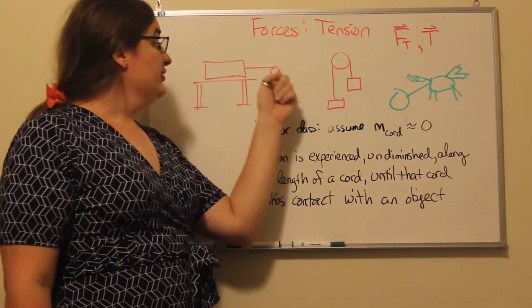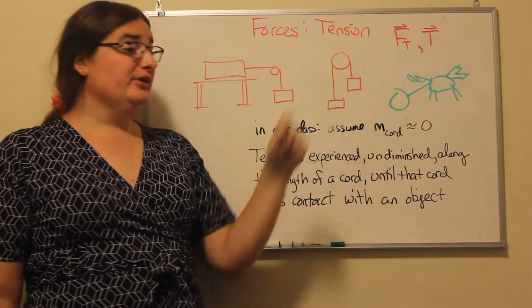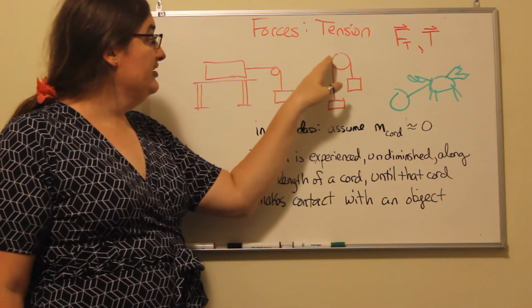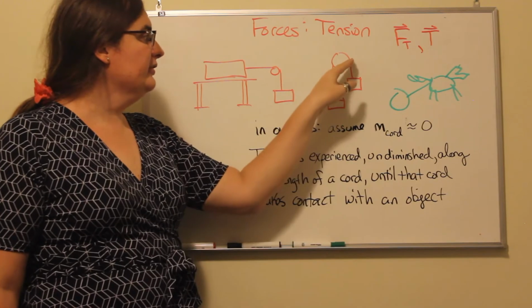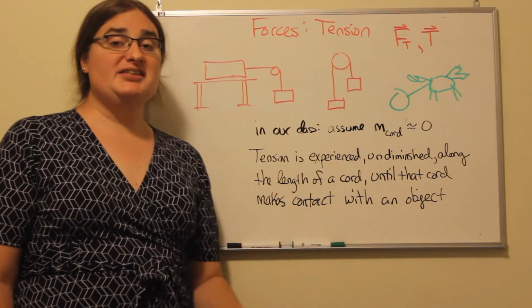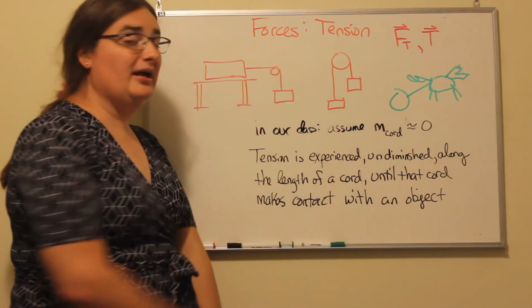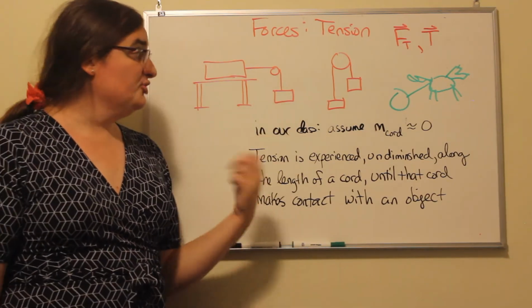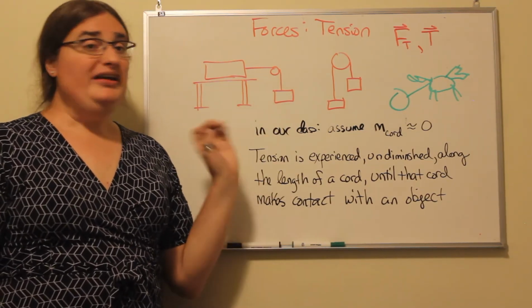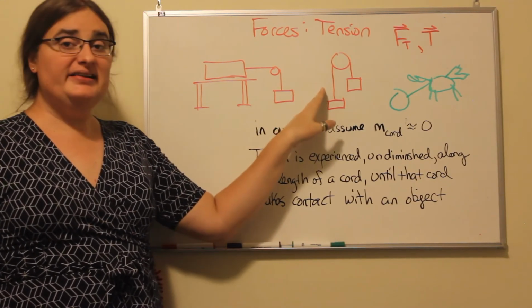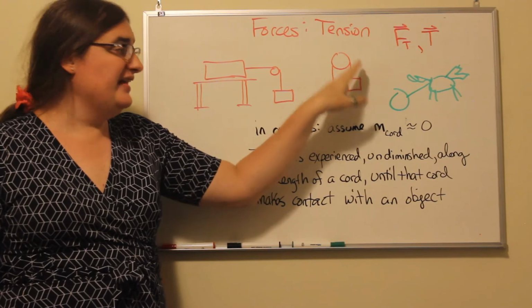So, for example, here in these first two examples, I have a pulley. Now, that cord is making contact with the pulley here and the pulley there in my second picture, and it's making contact with my pulley here and my pulley there in the first picture. Now, it is possible for there to be a tension in this length that is different than the tension in that length.